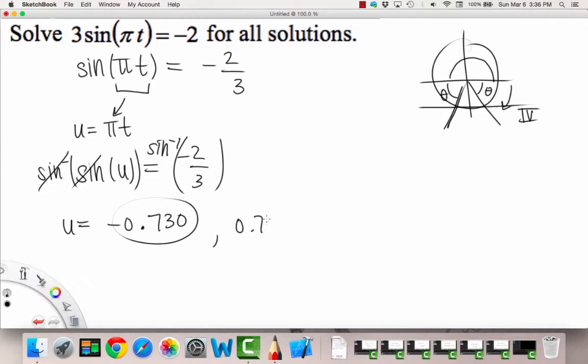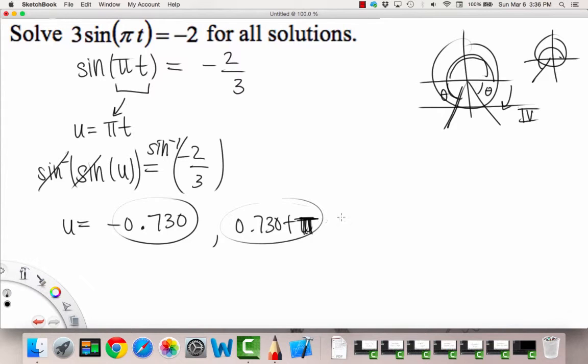So we'll take 0.730, add pi onto it, okay? And that'll give us the other angle here. So that would give us this one if we rotate that many degrees, or that many radians, okay?